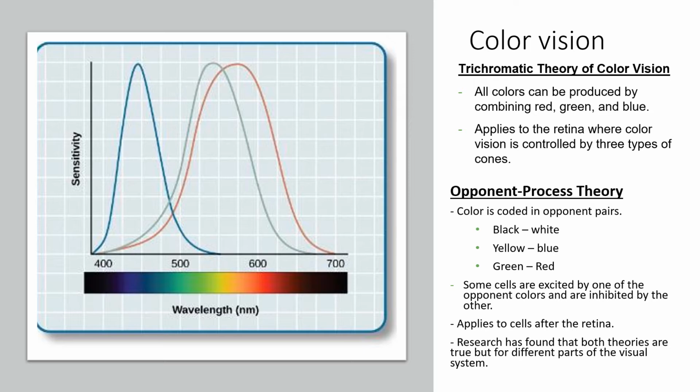Have you ever noticed, though, that if you stare at something green, for example, or yellow or blue, you see a different color? You might see a red, blue, or yellow afterimage. Well, this theory, called opponent process theory, accounts for these afterimages.